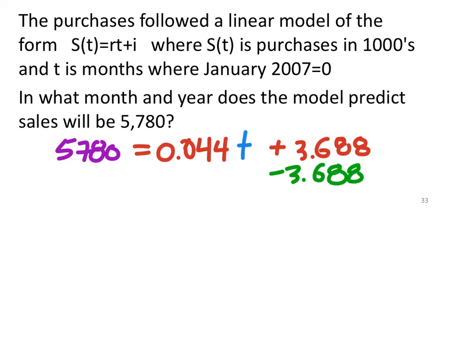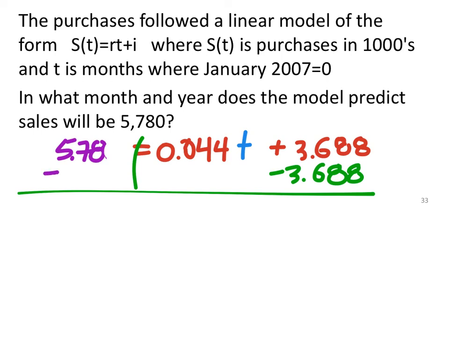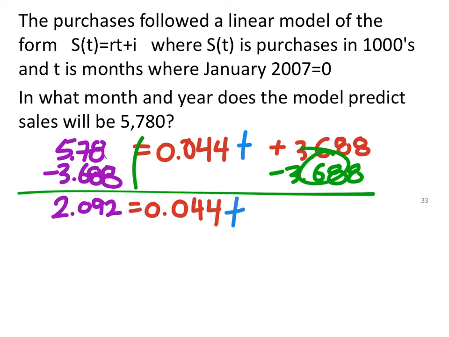Oh yeah, and seeing this shows that we need to change the 5,780 into a decimal, which would be just divided by 1,000 or move the decimal 3 times to the left. You get 5.780, and you don't need that zero there. So now subtract 3.688, and let's see what that comes out as. Yeah, so we subtracted that, we get 2.092 equals 0.044 T.